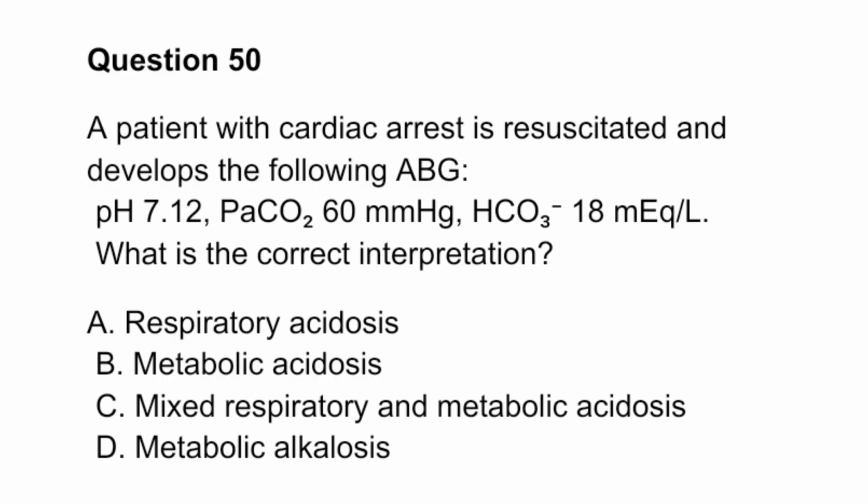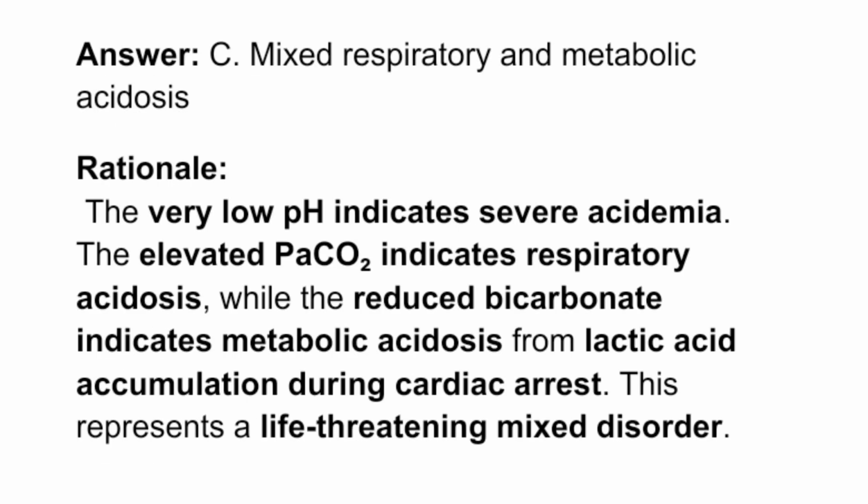D. Metabolic alkalosis. Answer: C. Mixed respiratory and metabolic acidosis. Rationale: the very low pH indicates severe acidemia. The elevated PaCO2 indicates respiratory acidosis, while the reduced bicarbonate indicates metabolic acidosis from lactic acid accumulation during cardiac arrest. This represents a life-threatening mixed disorder.